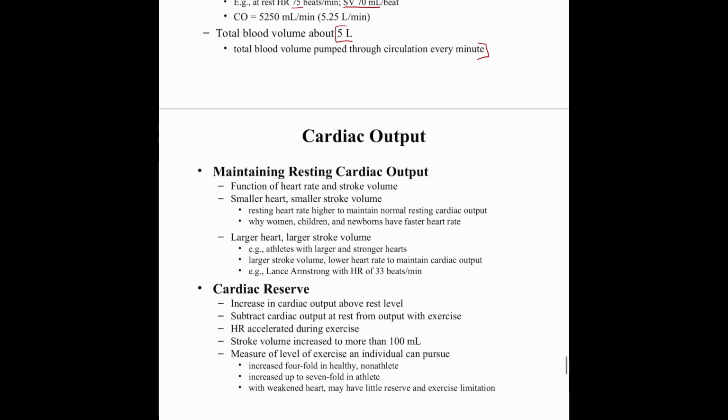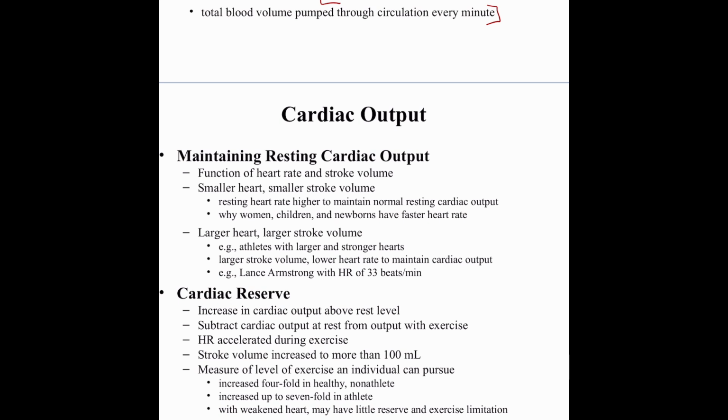So know that heart rate and stroke volume make up your cardiac output. Again, total blood volume is about 5 liters. And it's the total blood volume pumped through circulation every minute, right? Actually, don't quote me on that.